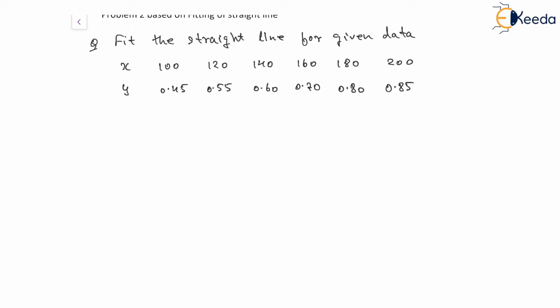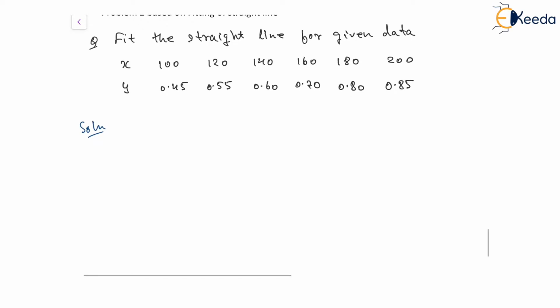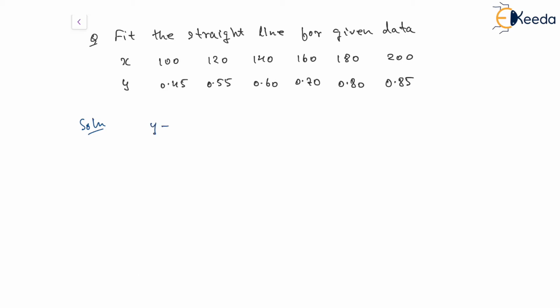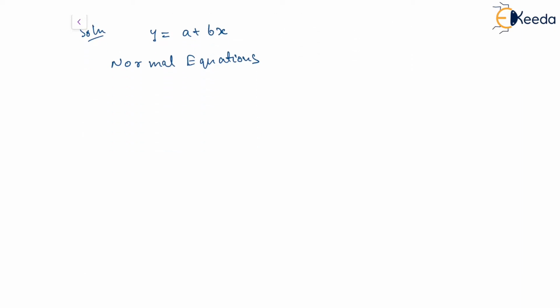So for the given question and the given data, we'll start with the general equation of the straight line, and let us say that is y equal to a plus bx, and the normal equations will be given as summation y equal to n times a plus b times summation of x, and summation xy equal to a times summation of x plus b times summation of x square.